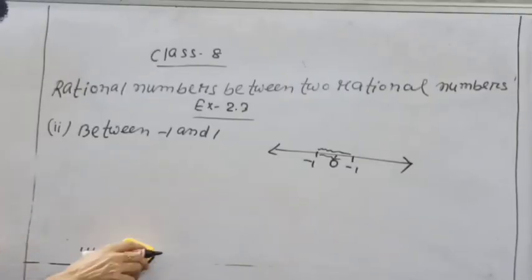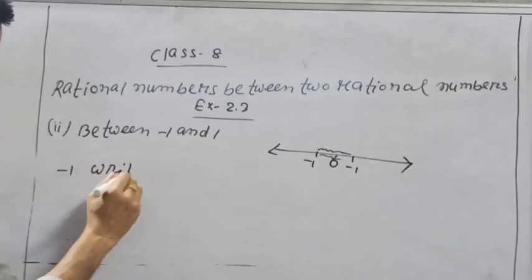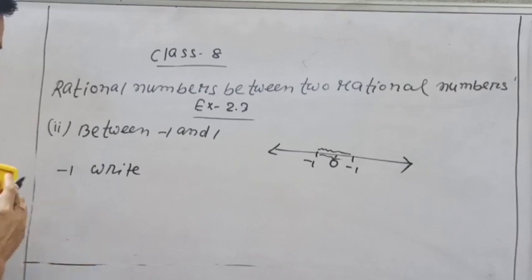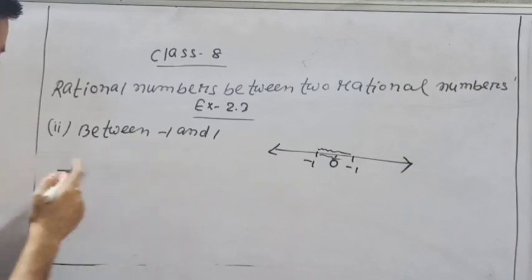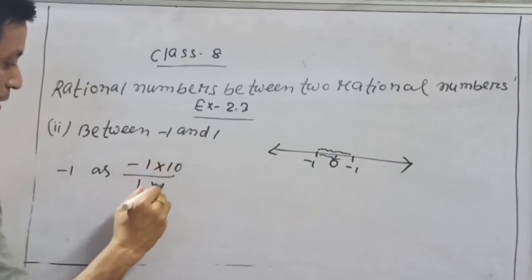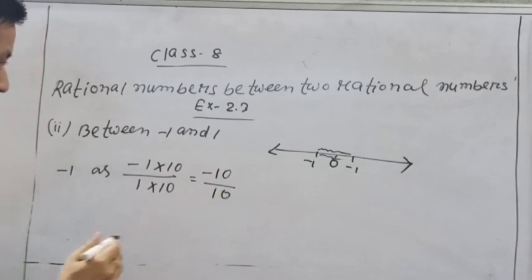But we will write minus 1 as minus 1 by 1, so multiply by 10. So here minus 10 by 10.